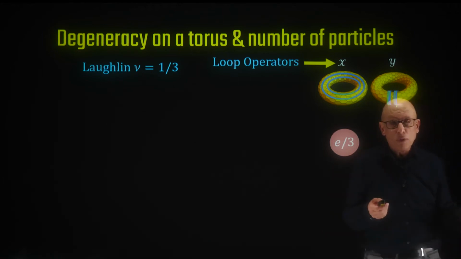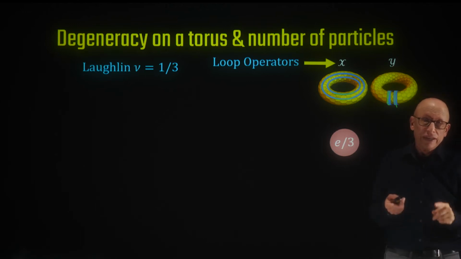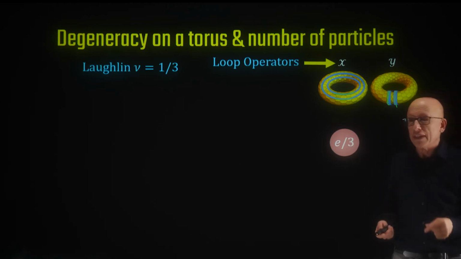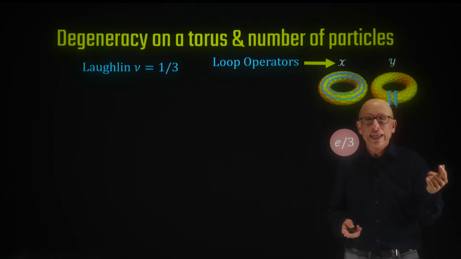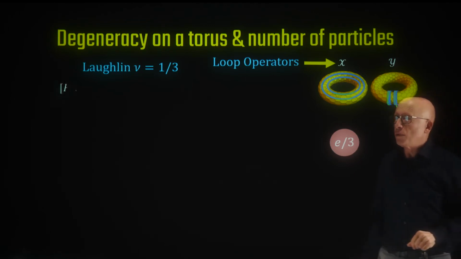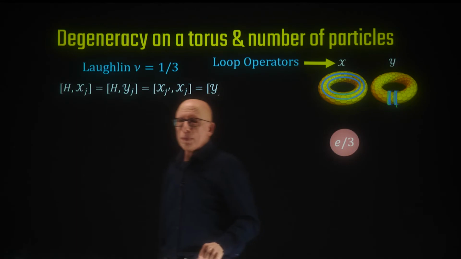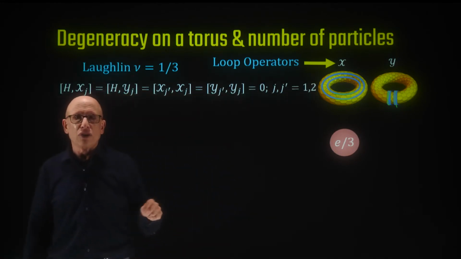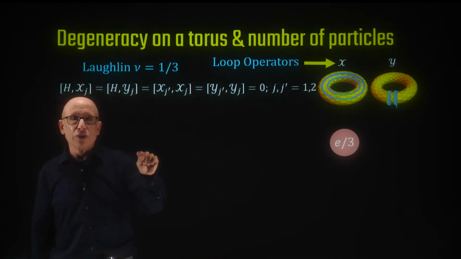In this case, there will be loop operators related to the 1/3 and minus 1/3 quasiparticles. In any case, those operators will tell us a lot, just as they did in the toric code. So let's see what they tell us. The properties of those loop operators are going to be similar to those we saw for the toric code.